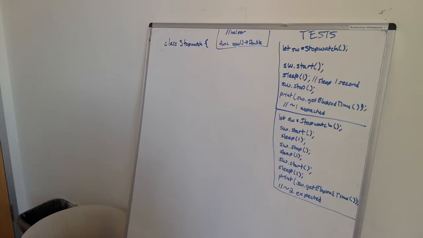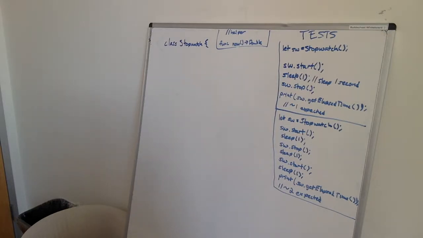Okay, yeah, so when we hit start, we're going to track the current system time. And then once we hit stop, we're going to track that time, subtract the time difference, and add it to our cumulative time.